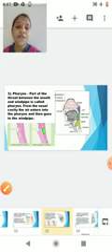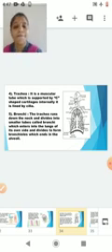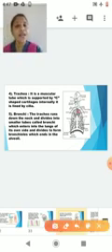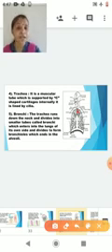Now after the pharynx, we will study the next organ, that is the trachea. Now here, this is the trachea. Now the trachea is a narrow muscular tube. Being a muscular tube, there are chances that it can collapse. To prevent the collapsing of the trachea, it is supported by C-shaped cartilage. And internally, the trachea is also lined by ciliated epithelium and mucus secreting cells.